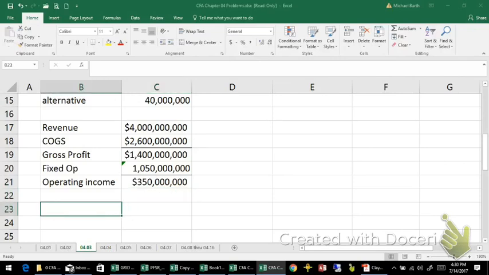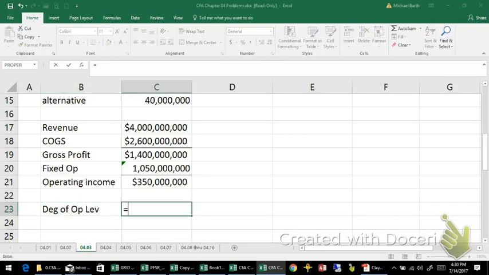To calculate the degree of operating leverage, that's simply the gross profit, or the contribution, which is the revenue minus the variable cost, divided by the operating income. So that's the amount before fixed costs divided by the amount after fixed costs.